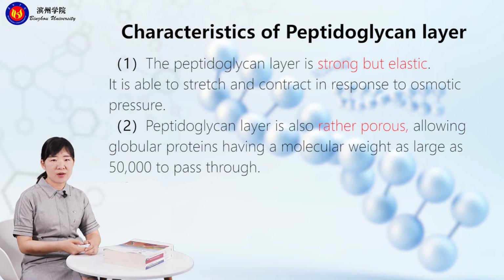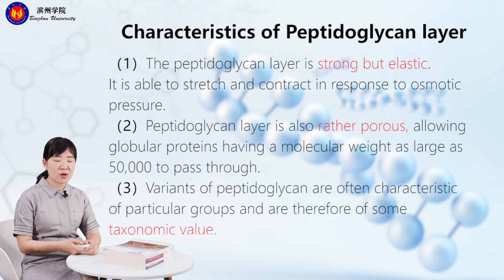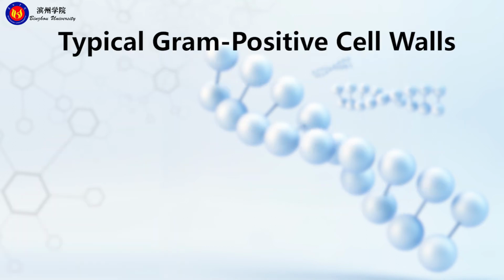This layer is also rather porous, allowing globular proteins having a molecular weight as large as 50,000 to pass through. Variants of peptidoglycan are often characteristic of particular groups. After knowing the structure of peptidoglycan, let's see the typical gram-positive cell walls.